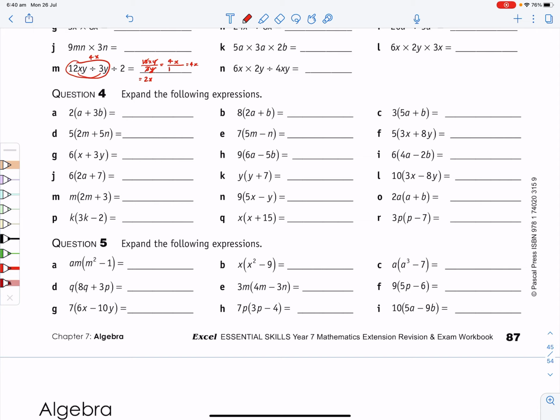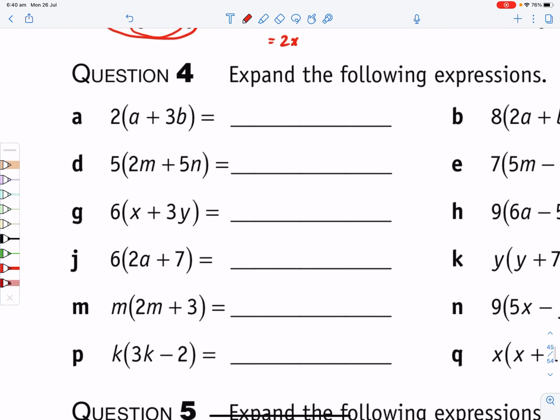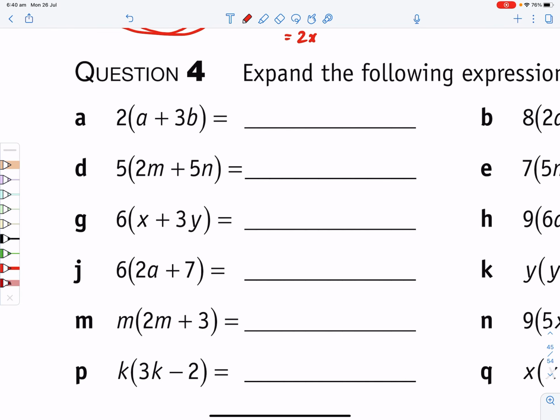Okay, expand the following expressions. This is very important. Having a look at this, please. Question 4a means, if I write this out in a slightly expanded format, I'm not suggesting that you do the questions like this, I'm just showing you what this question means. This question really means 2 times everything inside the brackets.